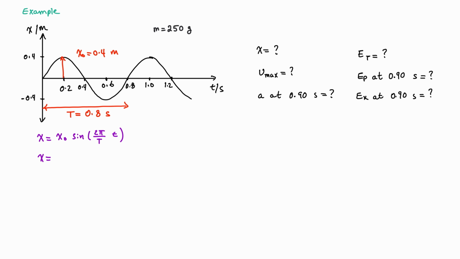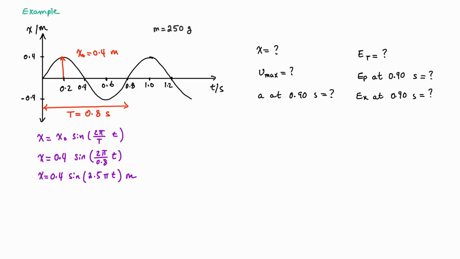And x, we do have this value as 0.4. This is going to be sine of 2 pi over 0.8 t. And we end up getting x is equal to 0.4 sine 2.5 pi t. And the unit for this will be in meters.